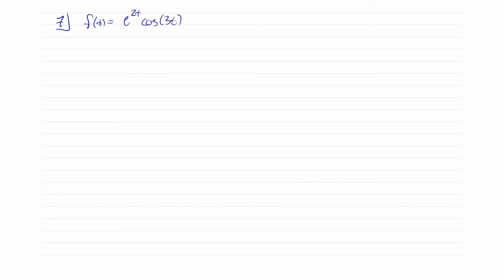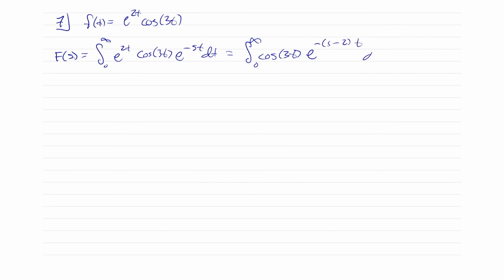If we're going to do this using the definition, then f of s is equal to the integral from 0 to infinity of e to the 2t cosine of 3t, e to the minus st dt. Then we can combine things, and we have cosine of 3t times e to the minus s minus 2 t dt. I just moved it in here because this really reflects the shifting property.